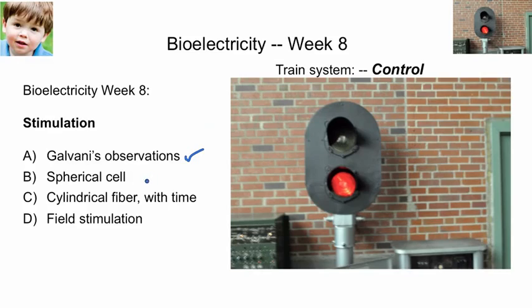Spherical cells, this is a topic of interest because of the theoretical value of looking at a situation with no geometrical complications. Spheres are as simple as they come. The cylindrical fiber, cuff electrodes with time, is an application that is used in some context, but not extremely widely used.